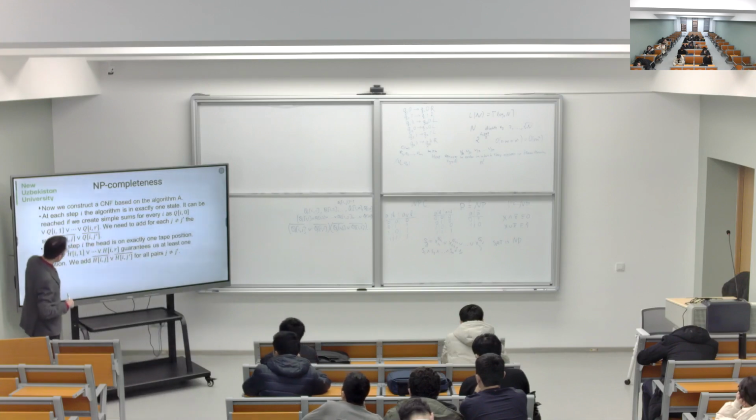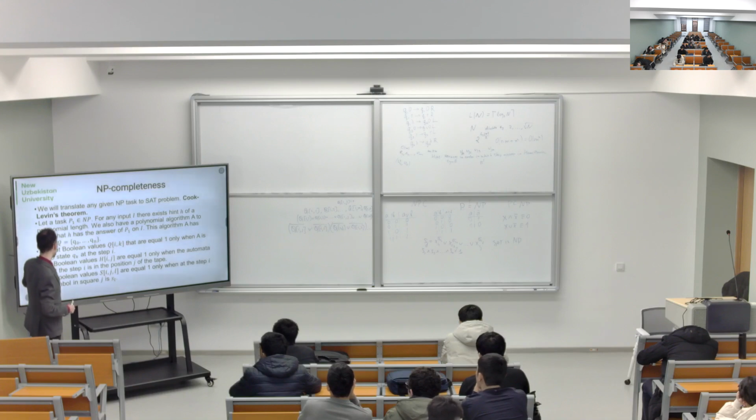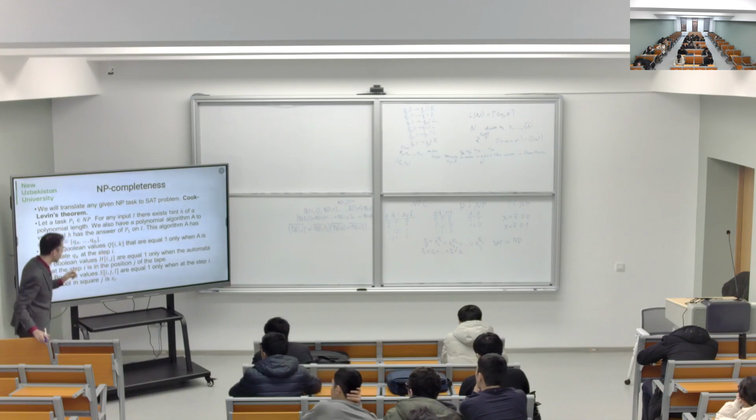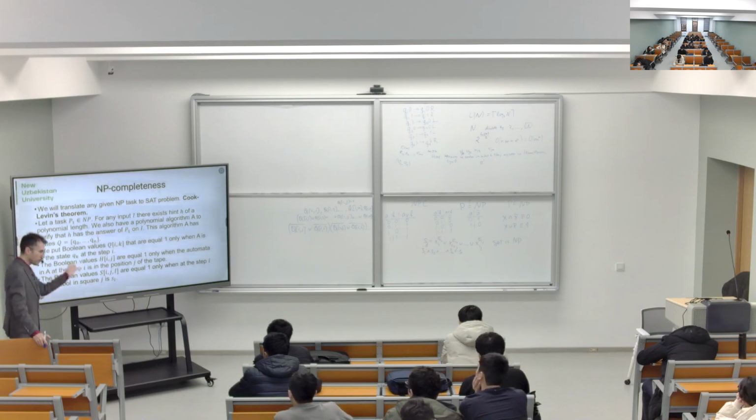Then we need to check that at each step the head is exactly at one position. So we have here Boolean values H_ij that are equal to 1 only when the automaton at step i is in position j of the tape. Yes? So when the algorithm works, the machine looks at only one cell.